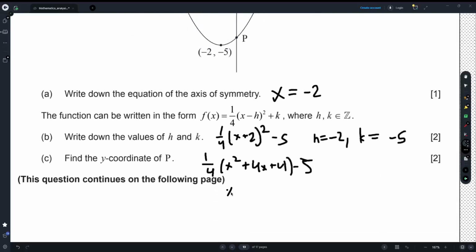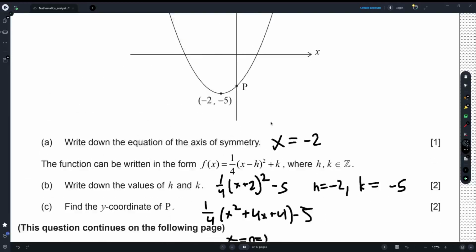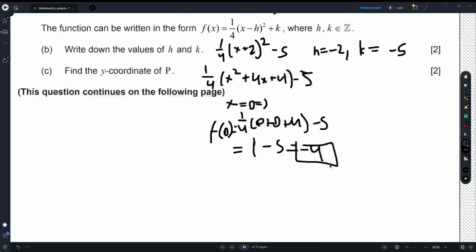For x equals 0, that implies 1/4 of 0 plus 2 squared, which is 1/4 of 4, which is just 1, minus 5, which is minus 4. They want the y coordinate only, so it's minus 4. Perfect.